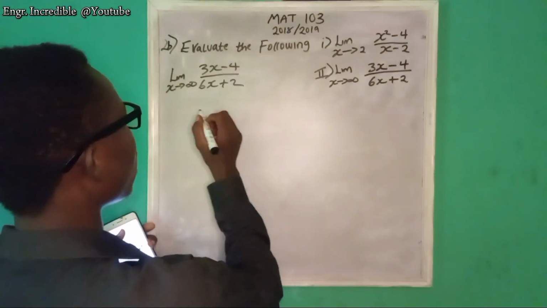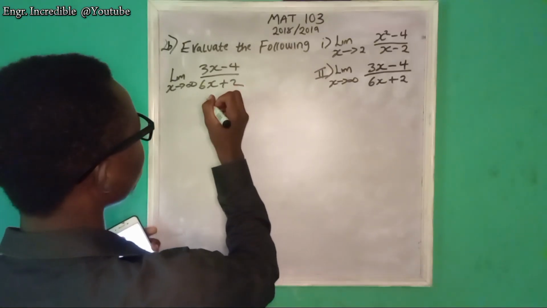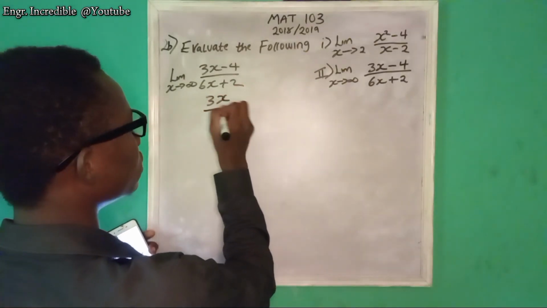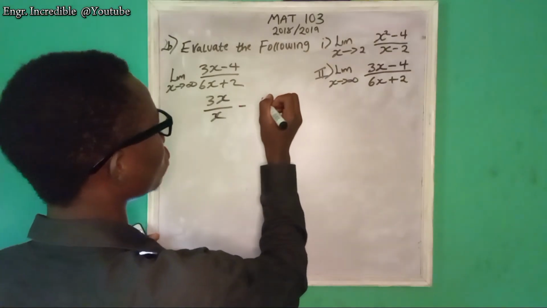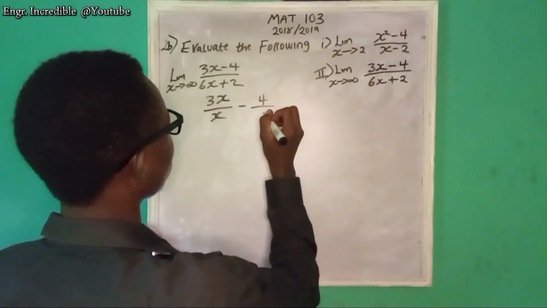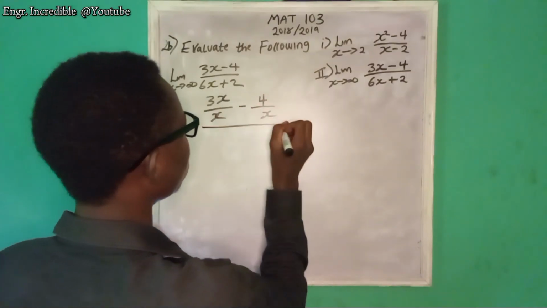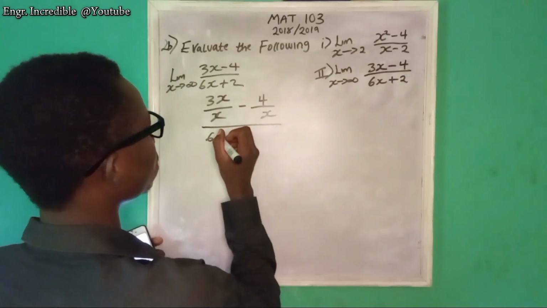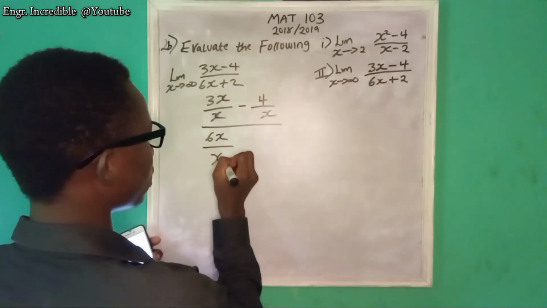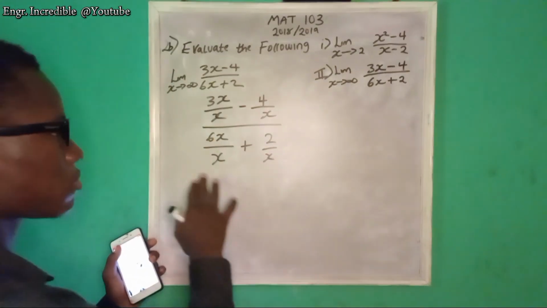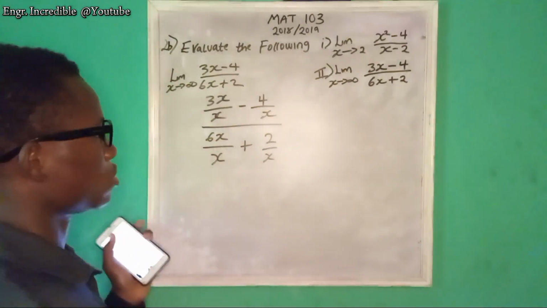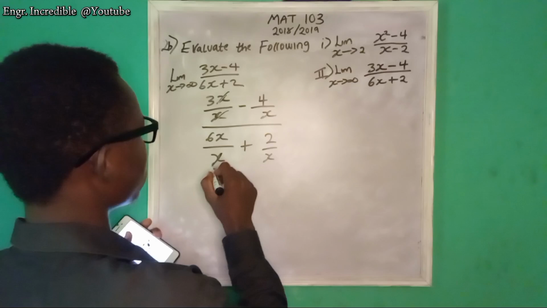So here we have it as 3x divided by x, then our minus 4 over x, divided by 6x divided by x, and we have plus 2 over x. So this is simply how we are going to put it. Simplifying, x cancels x, x cancels x.